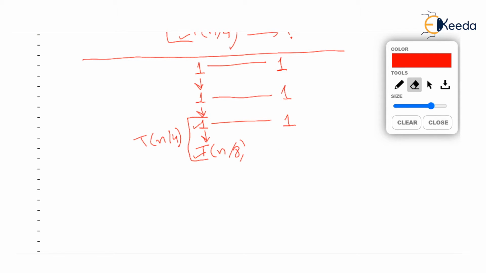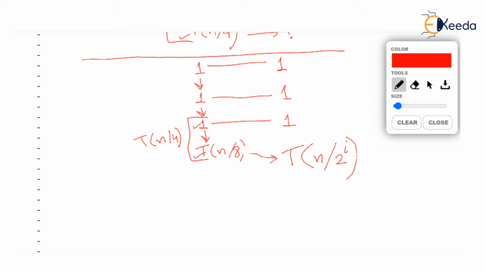But before we do that, you tell me, isn't this term that we have got here generically written as Tn upon 2 raised to I? Just check this, 2 raised to I, where I can be thought of as the level number.